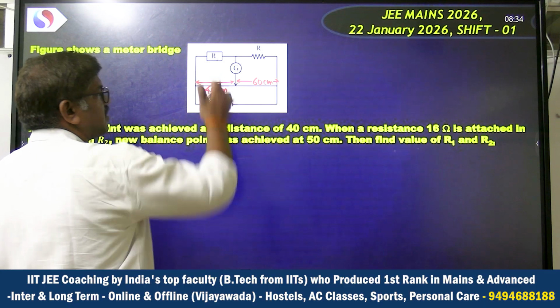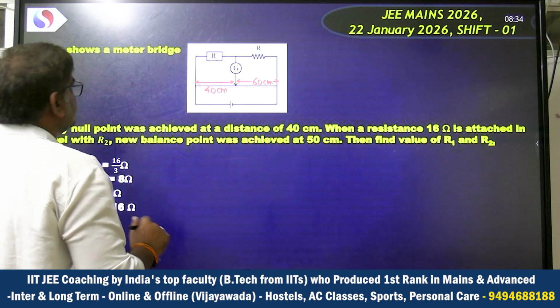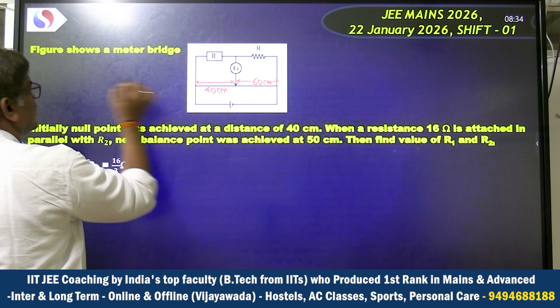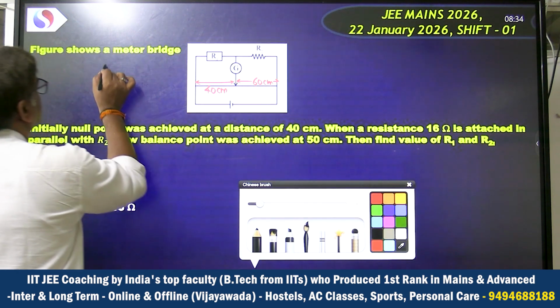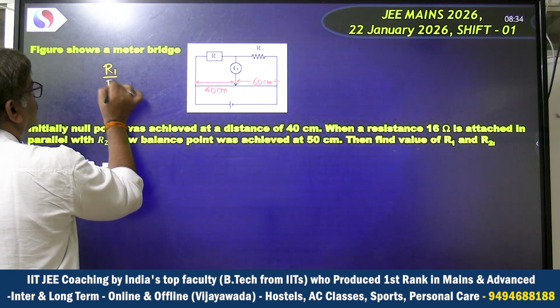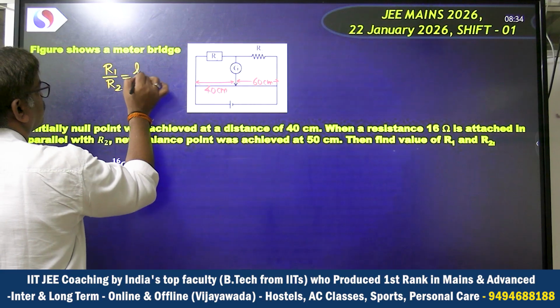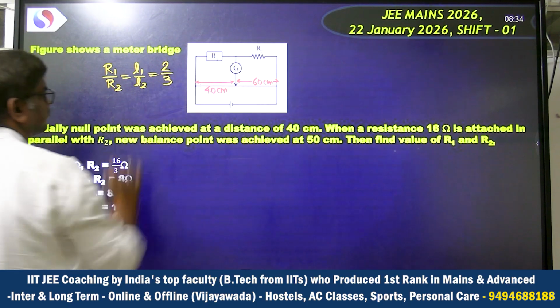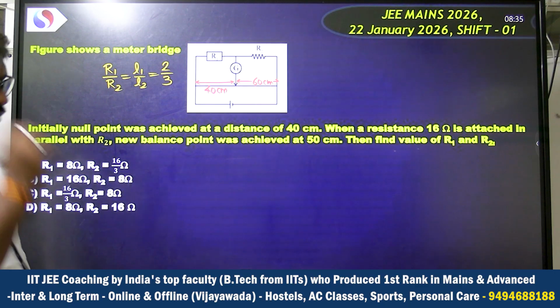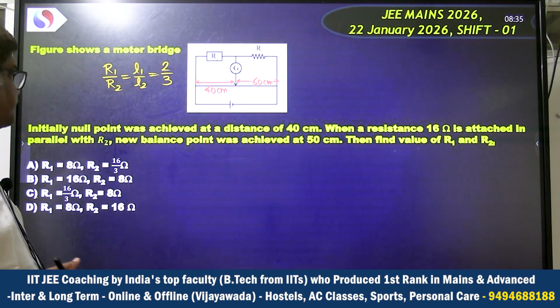By the balanced Wheatstone bridge concept, we can directly say that R1 by R2 is L1 by L2, and 40 by 60 gives me 2 by 3.